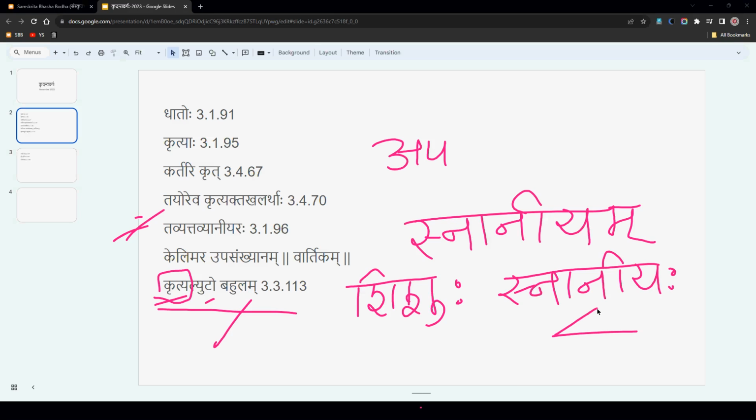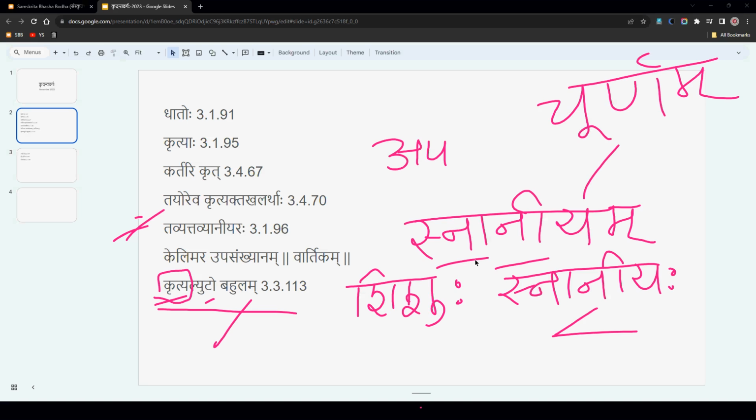But also, snaniyam is found to be referring to a sadhanam, karanam, which is used for snana, for bathing, like a churnam. This can be churna or even the soap, right? We can call the soap snaniyam. The soap is not to be bathed, but when we say snaniyam dehi me, we are actually referring to give me the soap, or give me some powder which is used for bathing.